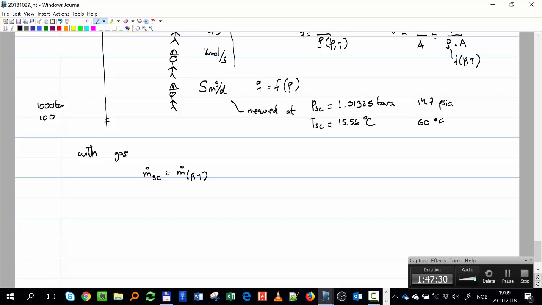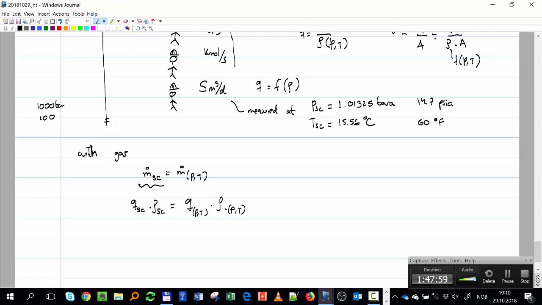because it's just mass flow, right? So the mass flow at standard conditions, I can say that is Q at standard conditions times the density at standard conditions, sorry, Q without the hat. That will be equal to Q at any P and T times the density at any P and T, right?